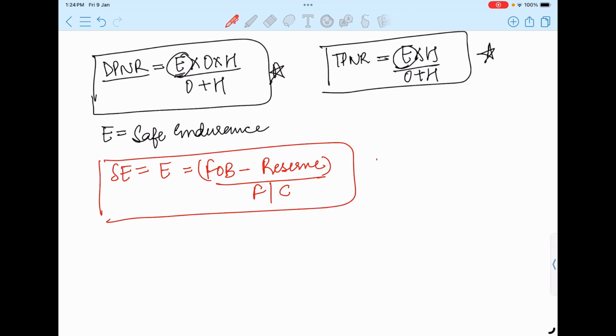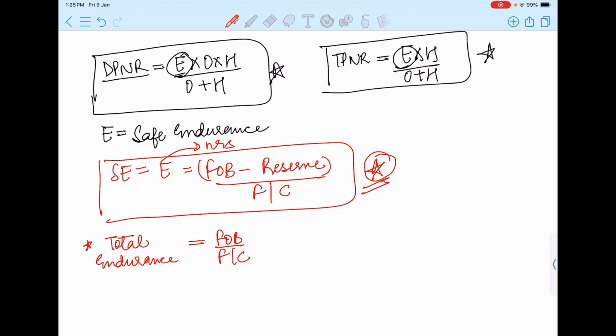This is our formula for safe endurance, and it's a very important formula actually. And safe endurance we get in hours. Okay, then we also have one more formula, which is total endurance. It is fuel on board upon fuel consumed. By this we get our total endurance.